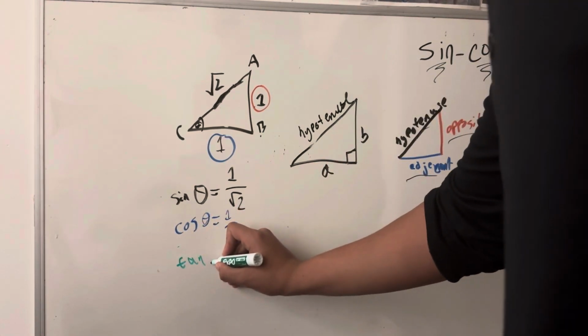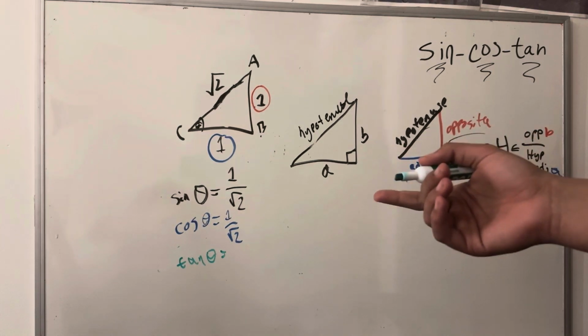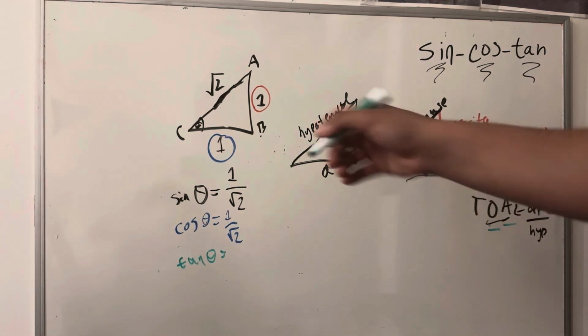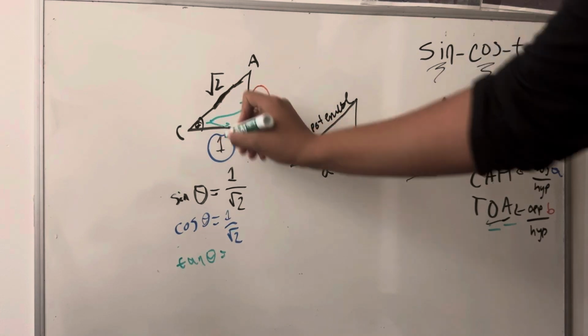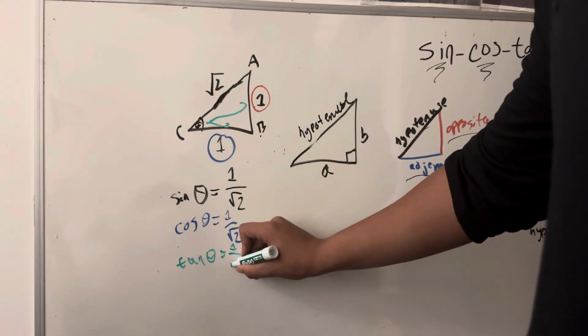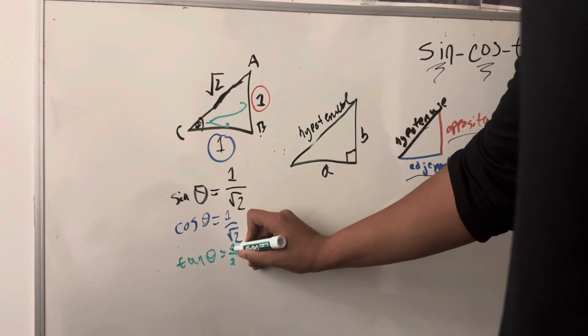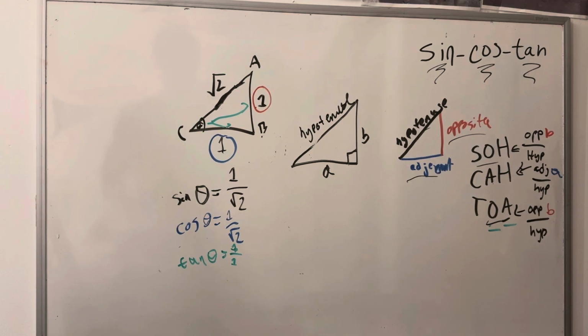Tangent theta is equal to opposite over adjacent, 1 over 1. And that's it.